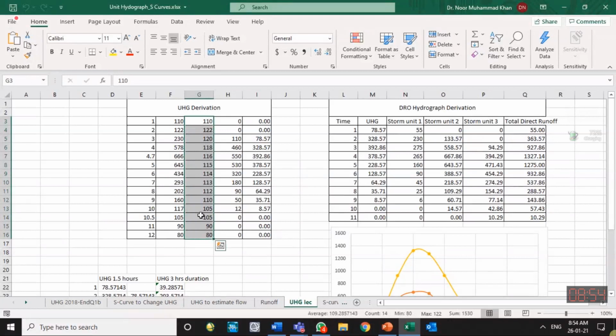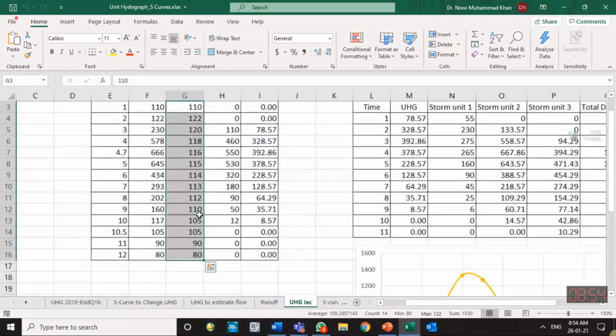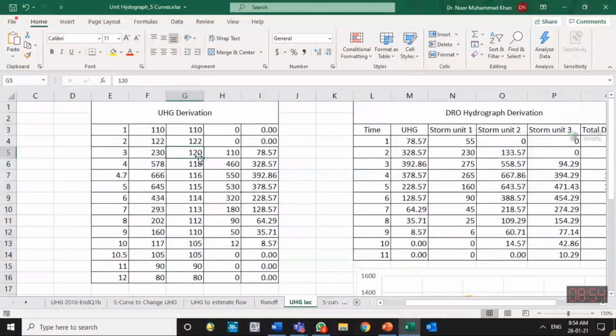G column contains the values for the base flow as given by the question. Subtraction of this will give you the DRO, and this DRO is because of the effective rainfall of 1.4 inches. So divide it by 1.4 and you will be getting these ordinates. These are the ordinates for unit hydrograph.